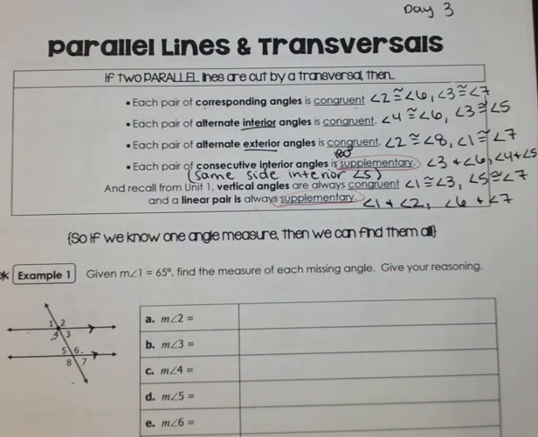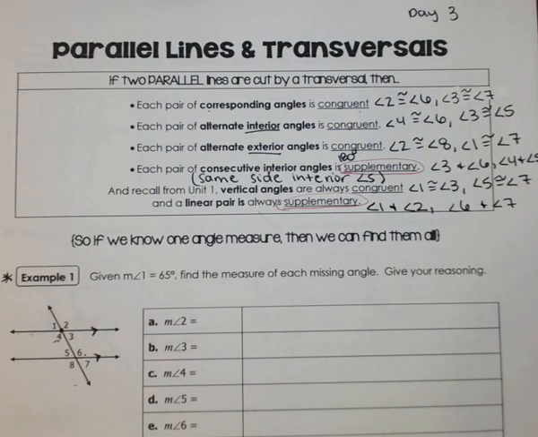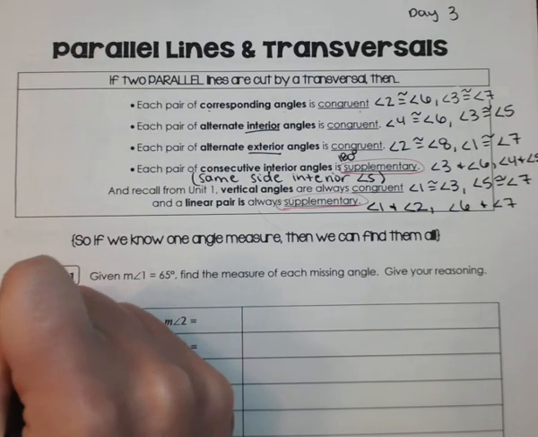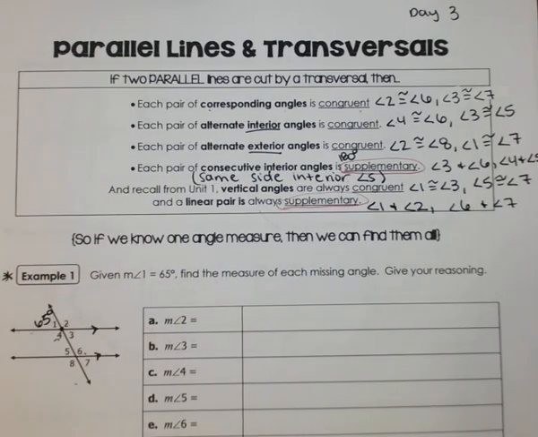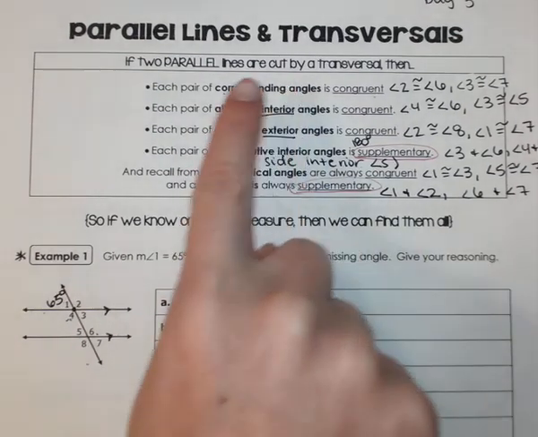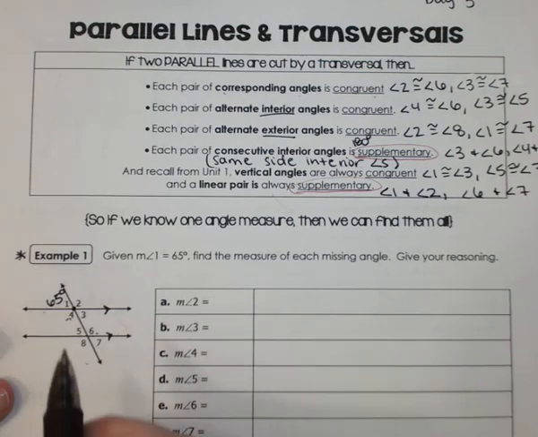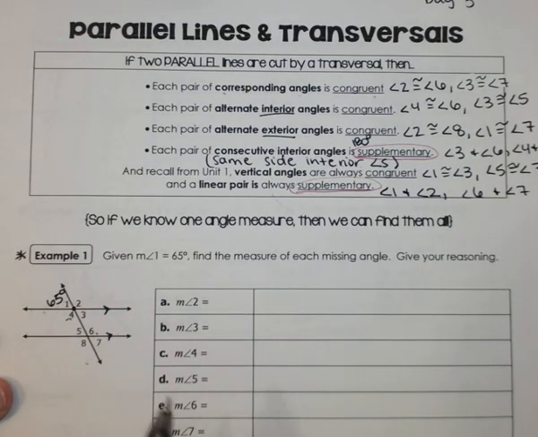So looking at example 1, they say given that the measure of angle 1 is 65 degrees, so go ahead and label it. Find the measures of each missing angle and give your reasoning. Your reasoning is going to be one of these vocab words that you're going to memorize. So let's just go in order.